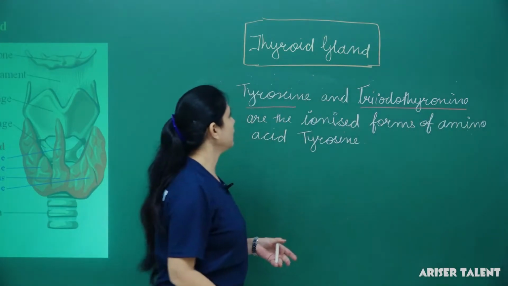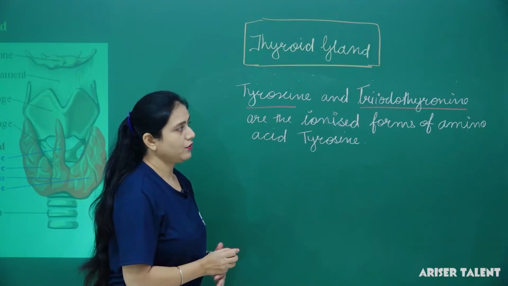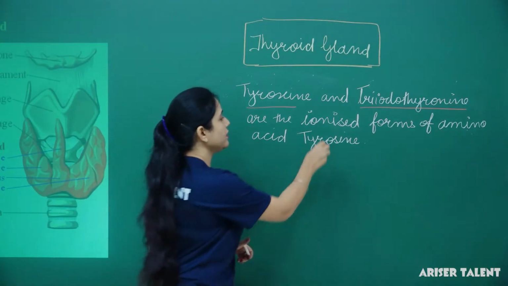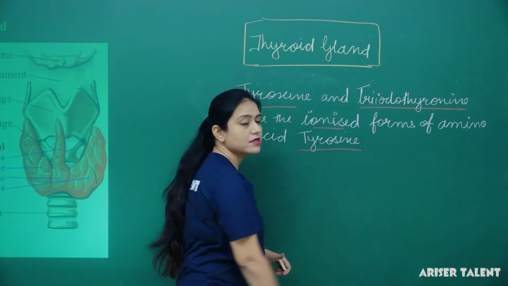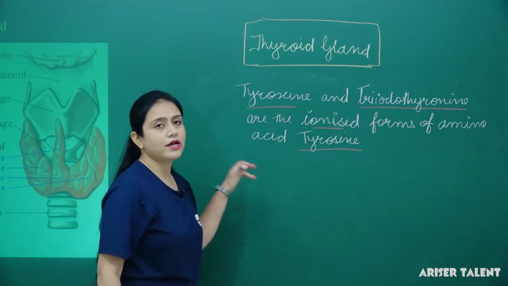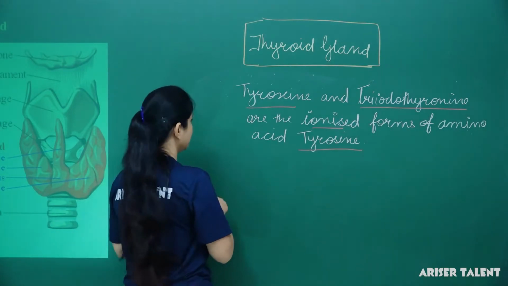Okay, generally thyroxine and triiodothyronine are the iodinated forms of the amino acid tyrosine, and they need iodine for their synthesis.